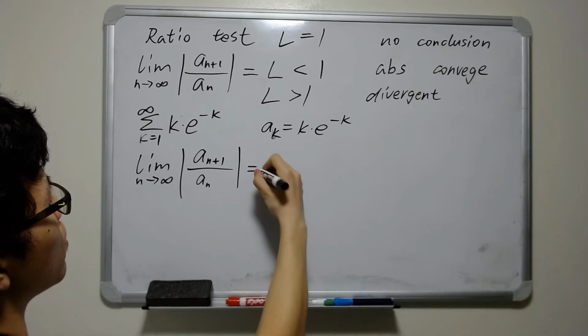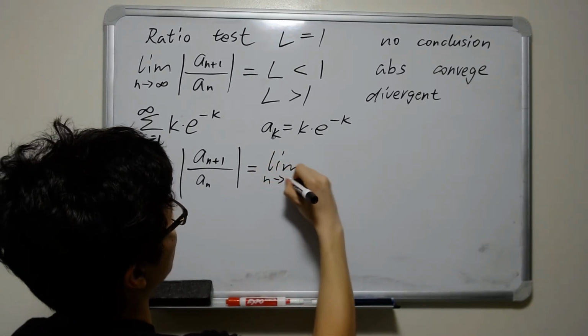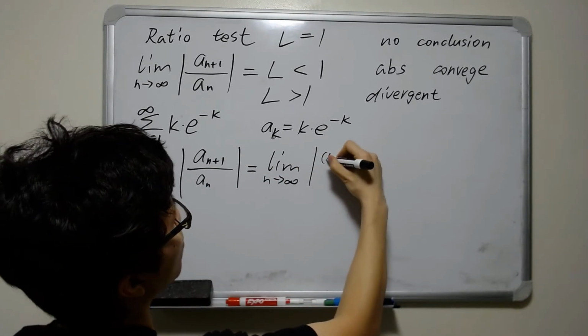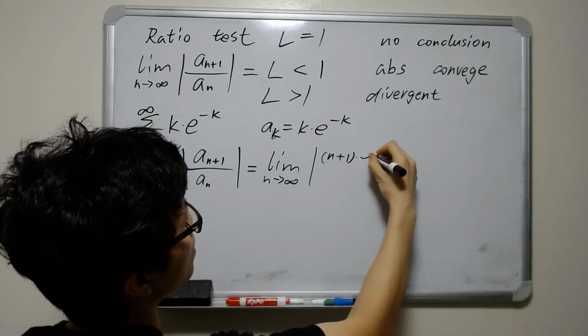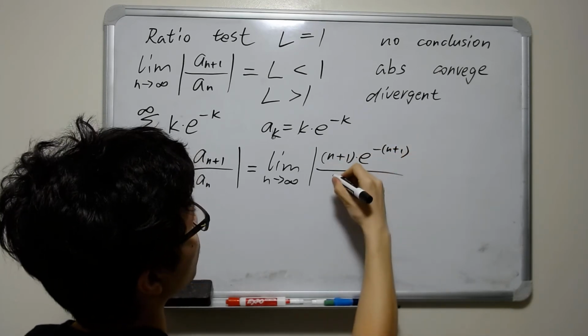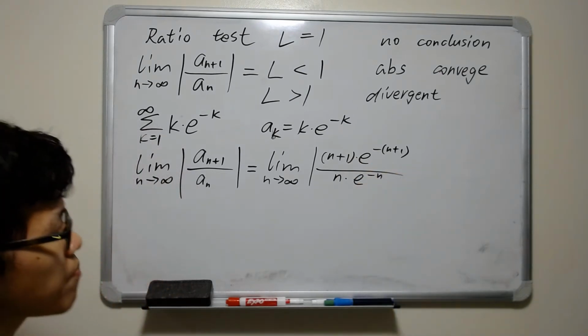So this one is the absolute value of, for the top, n plus 1 times e to the negative (n plus 1), and for the bottom, n times e to the negative n.